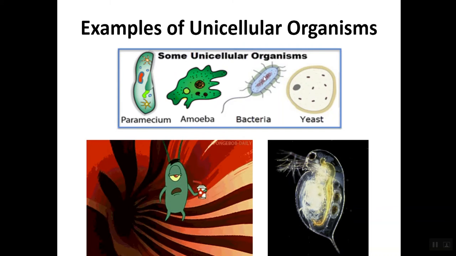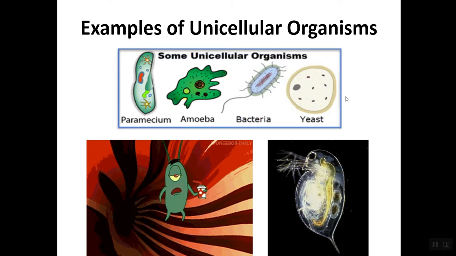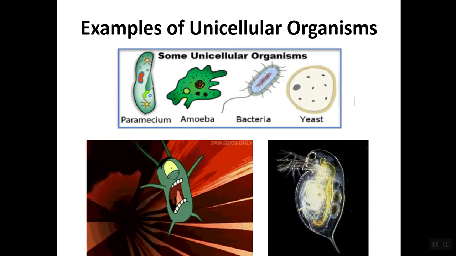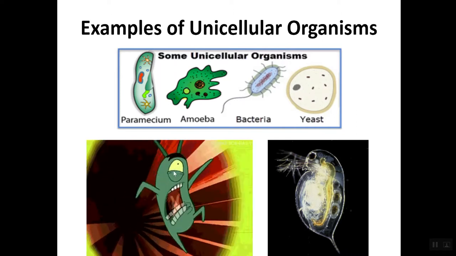Things like amoebas, bacteria, and even yeast. The yeast that we used in our balloon experiment, when we put that balloon over the flask of water, sugar, and yeast, each of those individual yeasts was made of one cell.